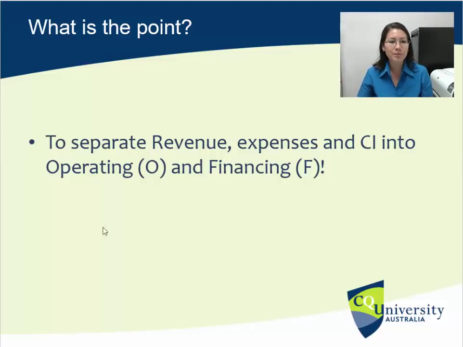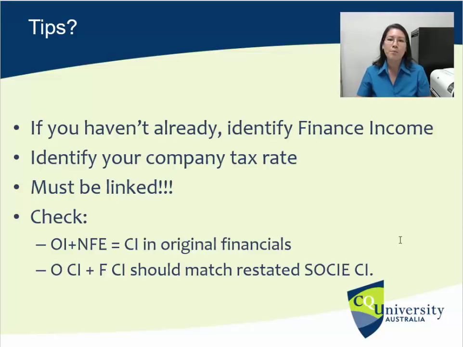It's up to you. Now, there are a couple of things that we need to do to make our job easier when we are restating the income statements. If you haven't already, identify your finance income. I mentioned this in the video when I showed you how to enter your financials into your company spreadsheet. So if you haven't already done this, go back through now and identify your finance income.